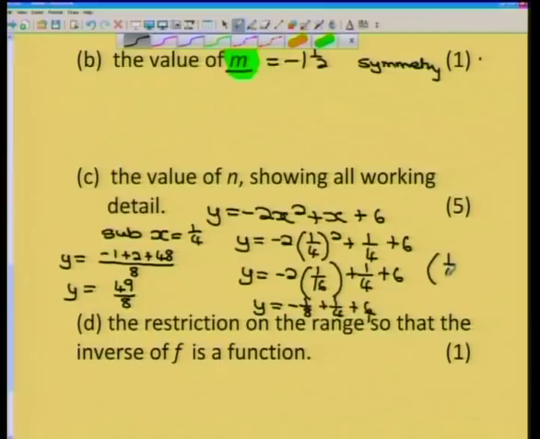So I have (a quarter, 49/8), which means now at this stage I can say n equals 49 over 8. Now so far this is like any question we would have got in grade 11. No difference at all, and you can see it's relatively straightforward. We're comfortable with this, we've been doing this for a while. It's not strange. Now the next question is the first one that introduces the whole function concept.